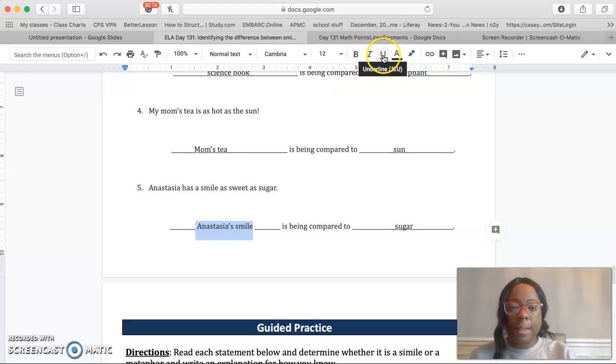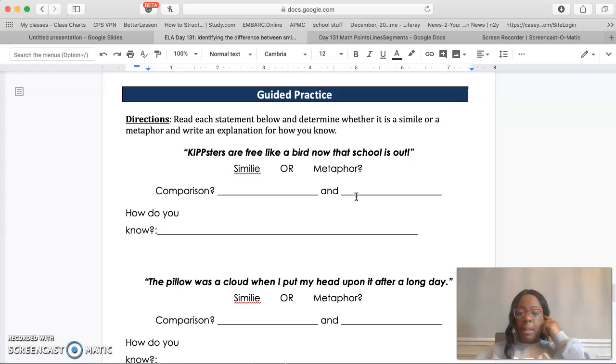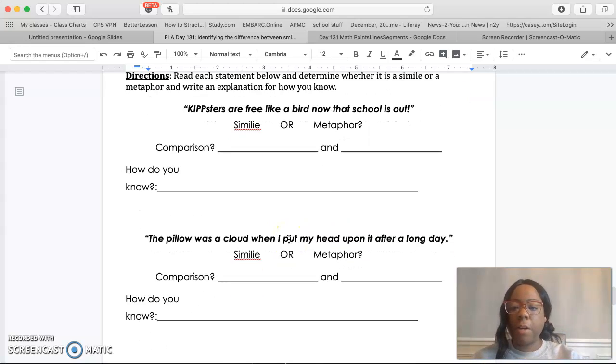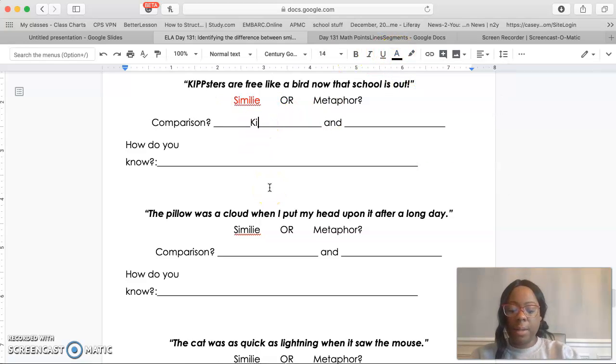On our guided practice, the directions say, read each statement below and determine whether it is a simile or a metaphor. So our first phrase, Kipsters are free like, hint, hint, birds. So since we see like, we know that it is a simile. Now we're comparing Kipsters to birds.